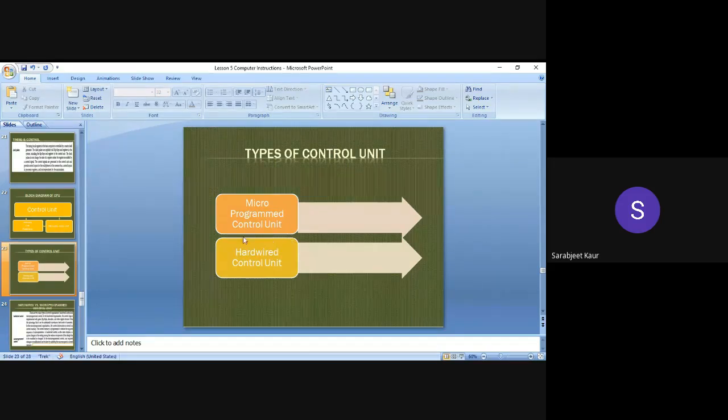However, in a hardwired control unit, there are direct connections, the wires which are fused with each other. So as soon as we apply power, automatically the circuits start working.